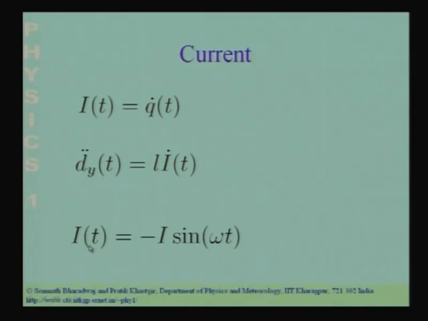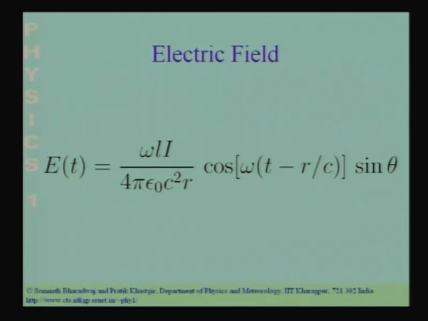Okay. And if I have a current which is minus I sin omega t, then the second derivative of the dipole moment is going to be minus L into I into omega cos omega t. So, we can also write the electric field in terms of the current.